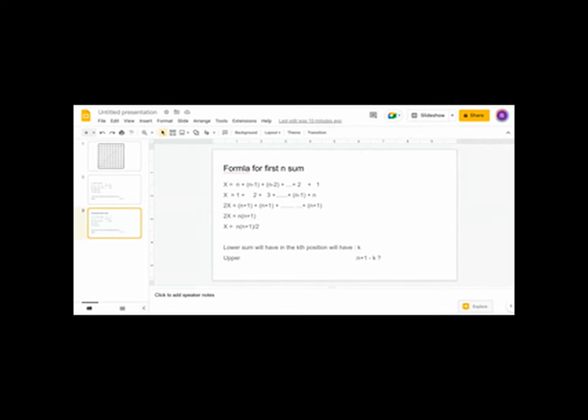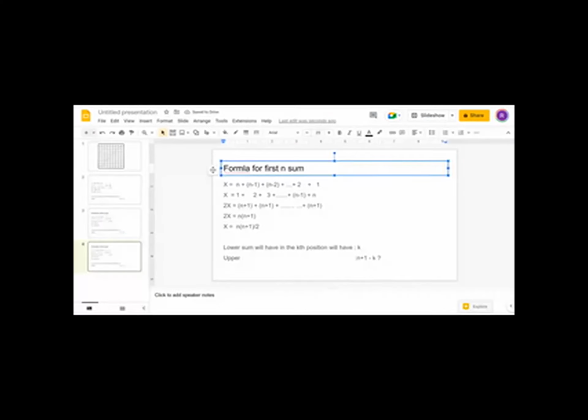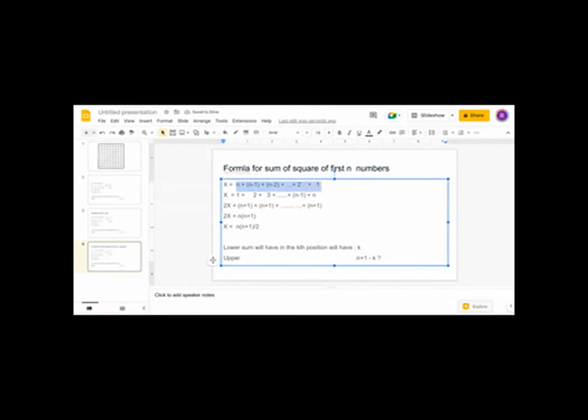Now let's go to the next thing, which is the sum of the squares of the first n numbers. Make sure you have understood why the sum of the first n numbers is what it is. Now let's go to the sum of the squares of the first n numbers. So let's try.